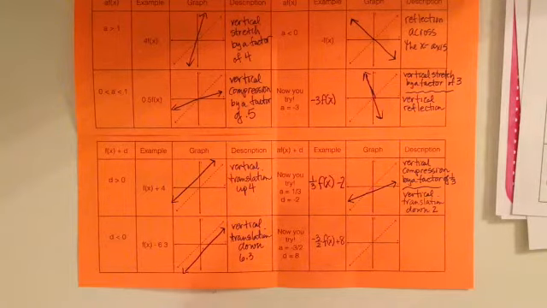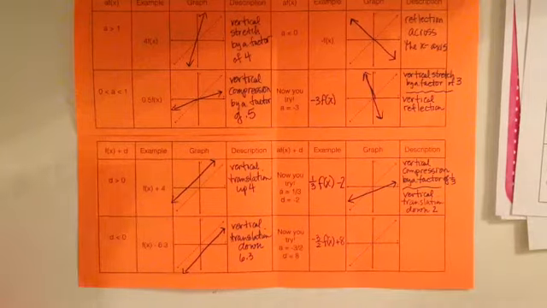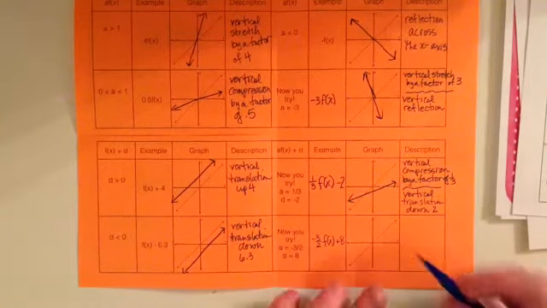Even though it's in fraction form, it's still a number greater than 1, so that's going to be a stretch. The line's going to move closer to the y-axis. And then I'm going to move up 8 on the y-axis. This is what it's going to look like.